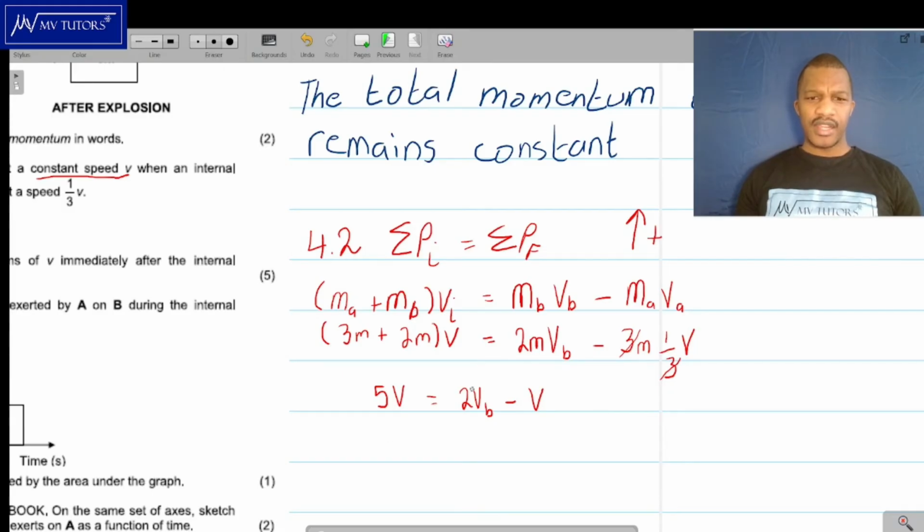Okay, and then if I take that v to the other side, I'll be left with 6v is equal to 2vb, and therefore we can conclude that vb is equal to 6 divided by 2, which is 3.